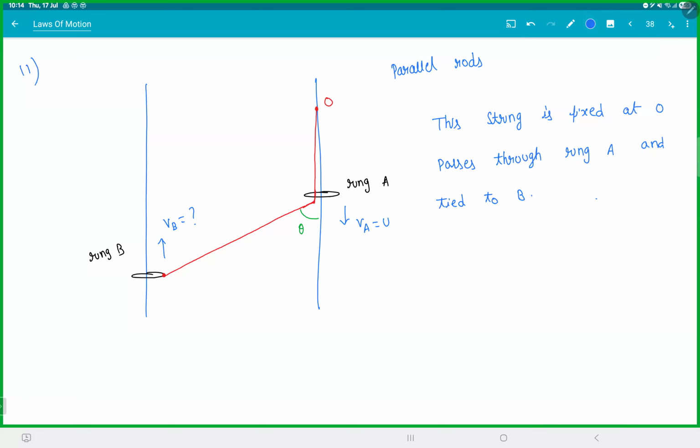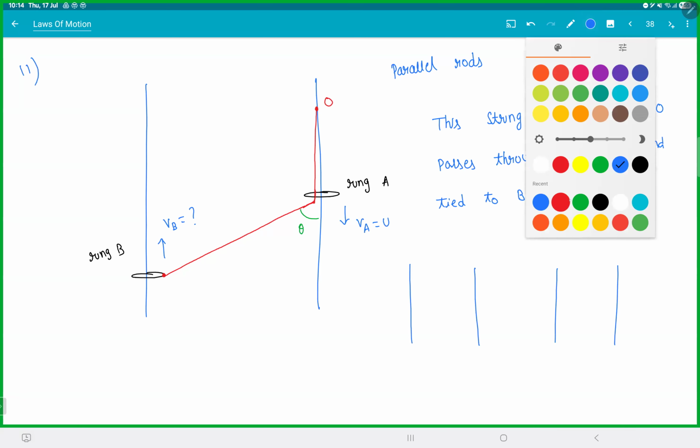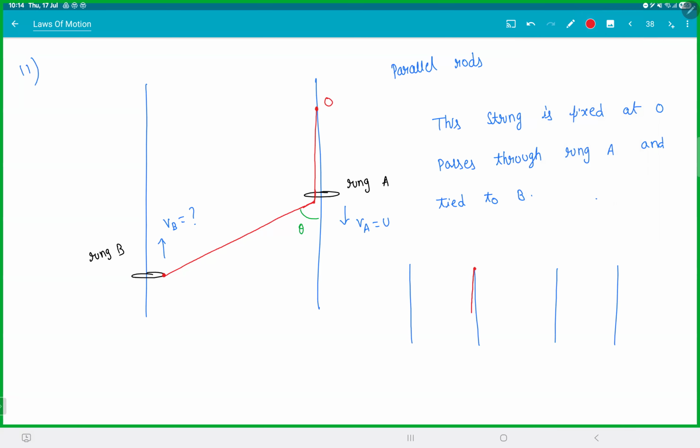Are you guys able to visualize the picture how it is? Now see what will happen. If I pull this, ring A is coming down. So in this process, the picture would look like this. Initially ring A was here, ring B is here.